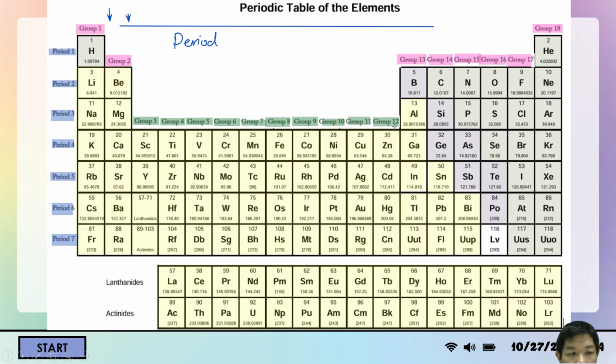So all these groups from group 3 until group 12 are what we call the d block elements, okay, and some of them are transition elements. And then we have the lanthanide series and actinide series, which we also know as the rare earth elements here, okay.